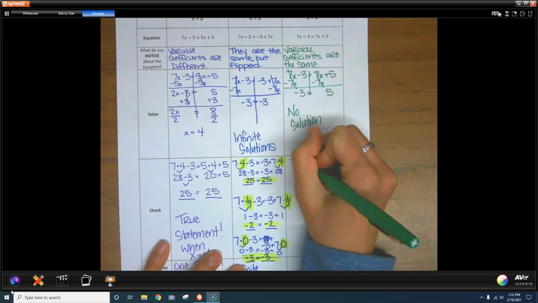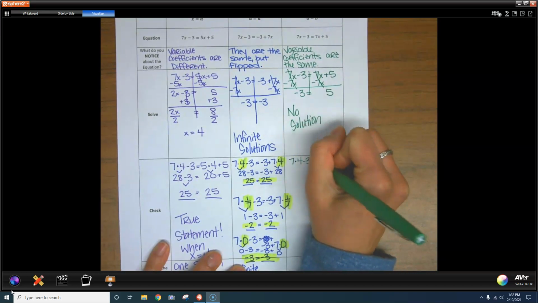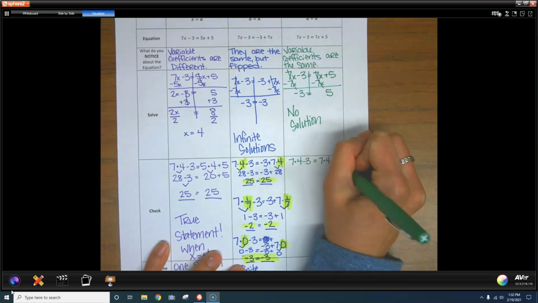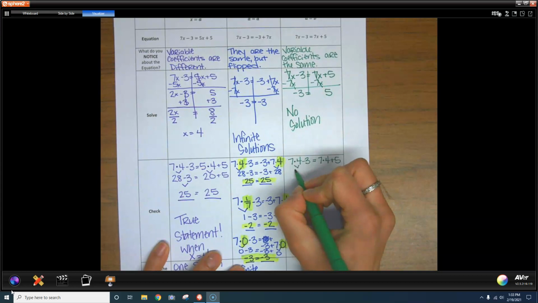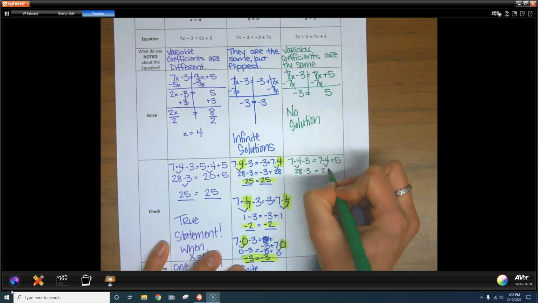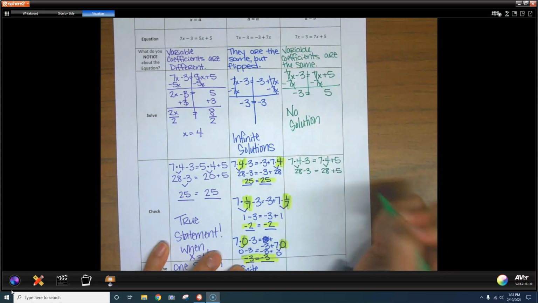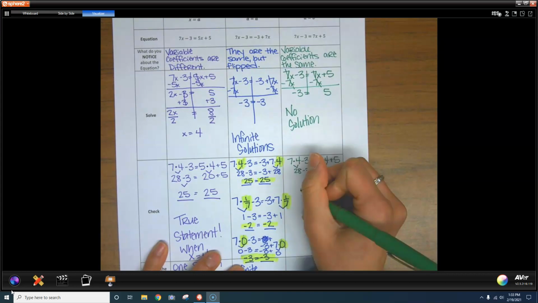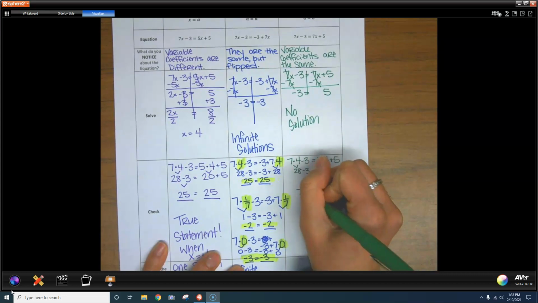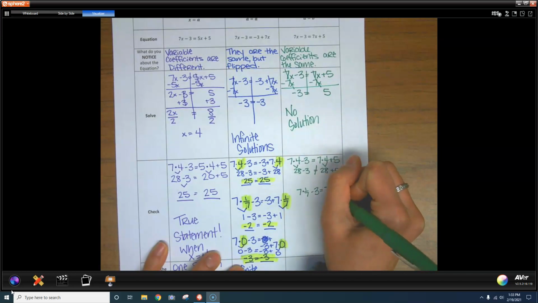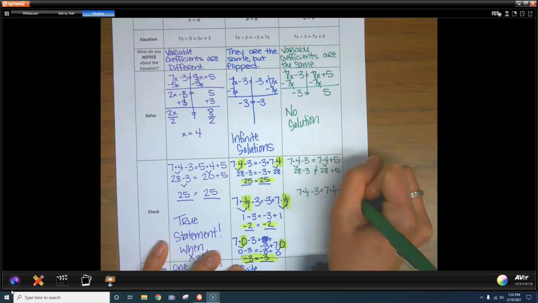7 times 4 minus 3, does it equal 7 times 4 plus 5? Well, no, because this will be 28 minus 3, and this will be 28 plus 5. So that doesn't work. Those are not equal. 7 times 1/7 minus 3 equals 7 times 1/7 plus 5.